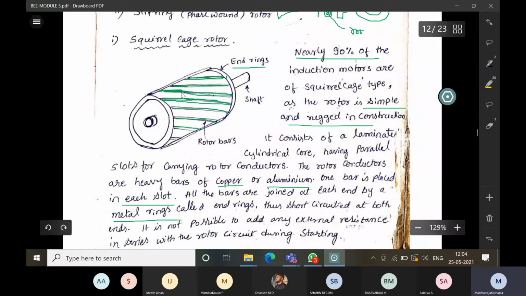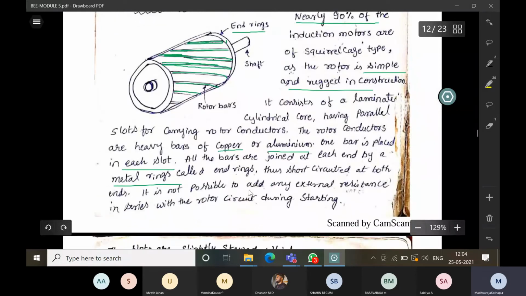Here also connected, here also connected. Short circuited at both the ends, and it is not possible to add any external resistance here. For this rotor, we cannot add any external resistance because the conductors do not come outside; they are embedded here. There is no brush or commutator segment to take the current outside or to insert current inside.